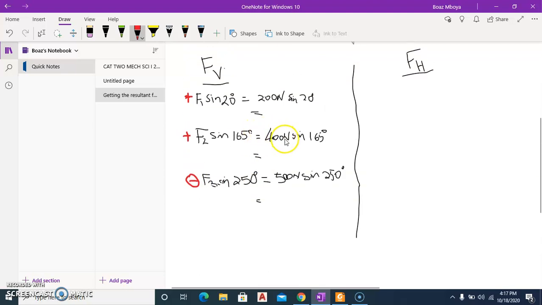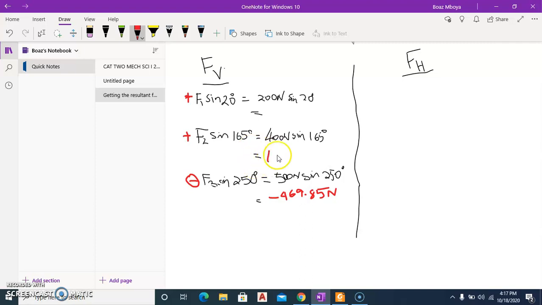Okay. So let's see. 500 sine 250. So we'll get negative 469.85 newtons. Now that negative is coming from this sine 250 degrees. So just put it the way it is. Then we have 400 sine 165.